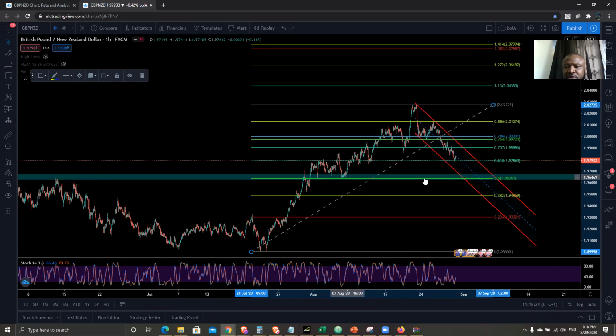So we have area of support, we have the 50% Fibonacci falling in place. Probably we'll be able to hit the down part of the trend line and see price rallying back up. Well, this is a potential opportunity over here. I'm going to take a picture of it for us to look at.